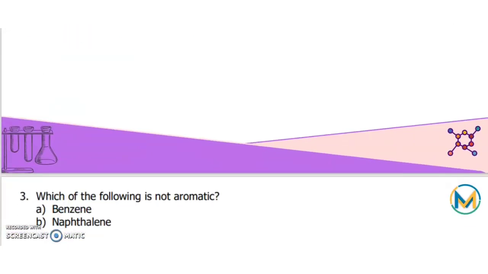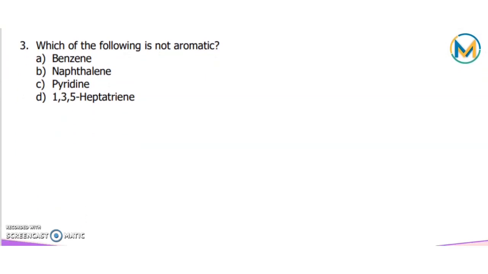Next question. Which of the following is not aromatic? So according to Huckel's rule, a compound is said to be aromatic if it is planar and there is complete delocalization of pi electrons, which is only possible if it is a conjugated and cyclic system.